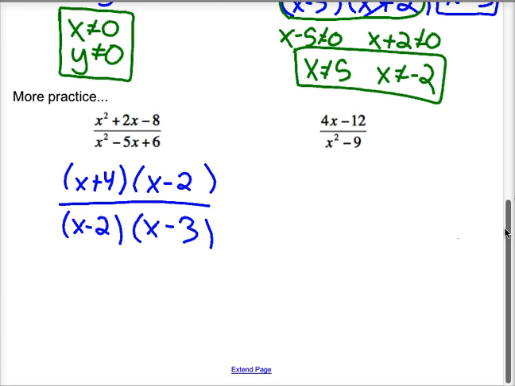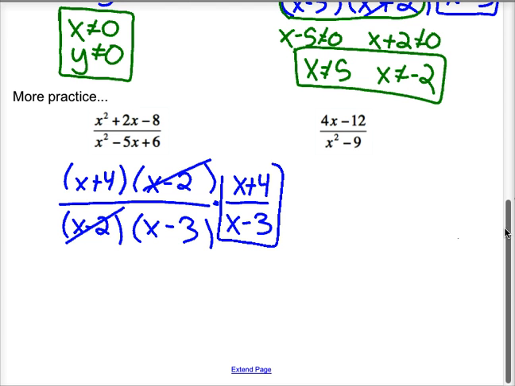Be careful with that bottom one. It's a little bit tricky sometimes. And now let's cancel what's the same. So I get x plus 4 on top, x minus 3 on the bottom. So that's going to be my simplified expression.